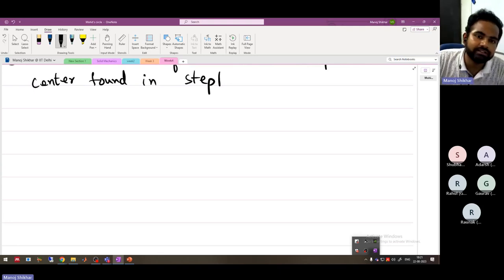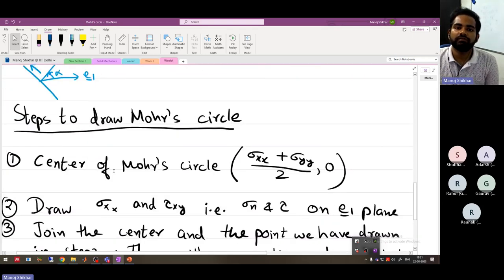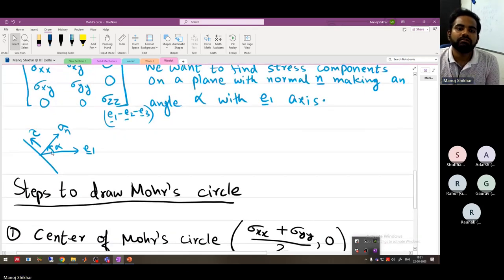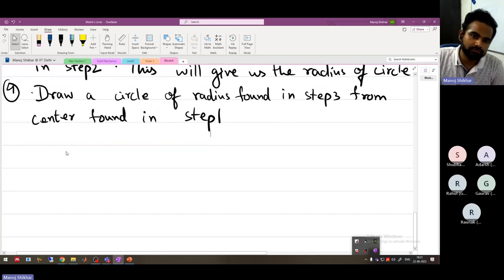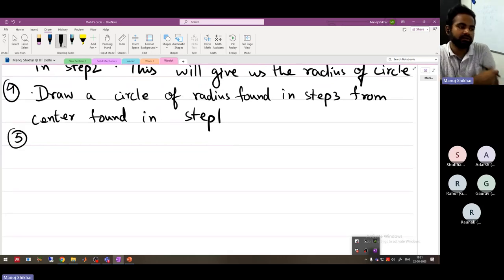Now you have to find the stress on a plane which is at an angle alpha in counterclockwise direction for this question from E1 plane. So I will also write it graphically soon. I'm just writing the steps for now.